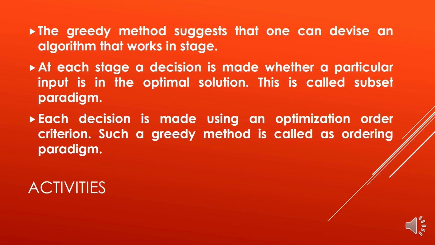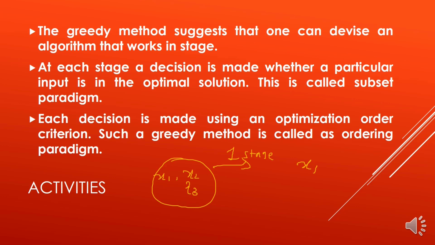The greedy method suggests that one can devise an algorithm that works in stages. It is a step-by-step method. At each stage, a decision is made. As I told earlier, you have a set, and at the first stage I make a choice of x1.